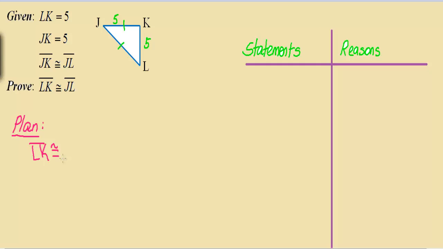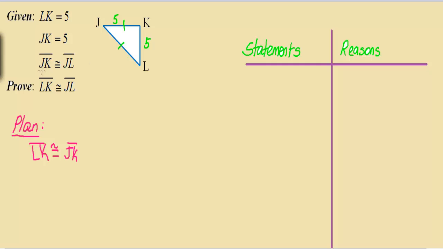So right away I can say that LK is congruent to JK. Okay? Just because I see that their measures are equal. And by the definition of congruent segments, I can state that they're congruent. Now that I have this congruent statement, let me go back and see what else I have in this figure.